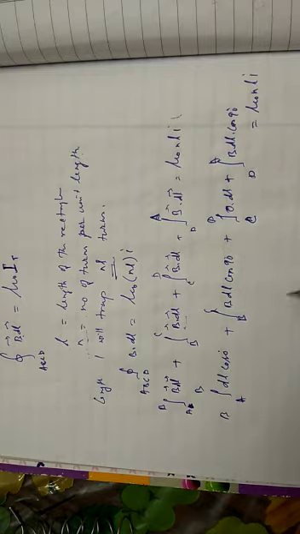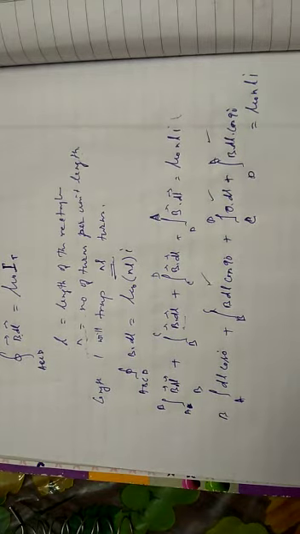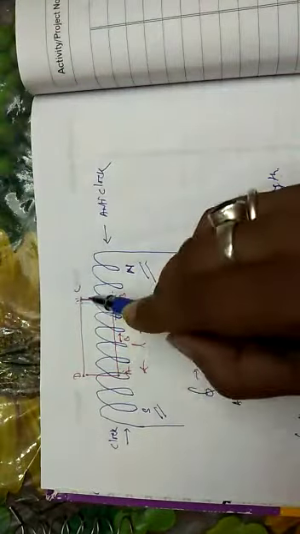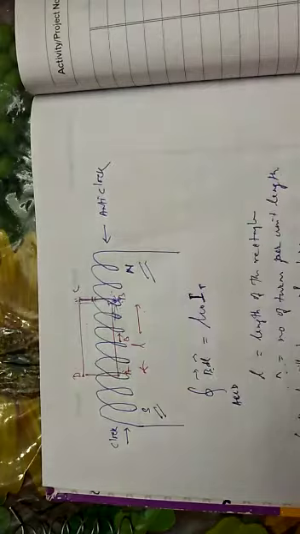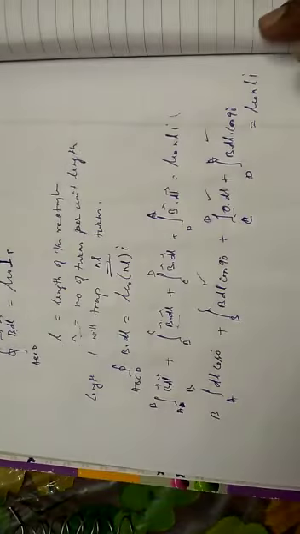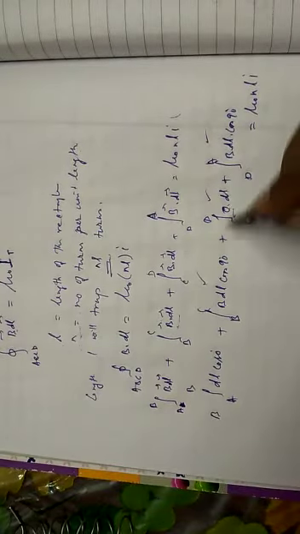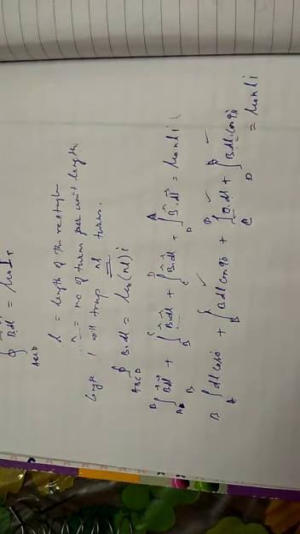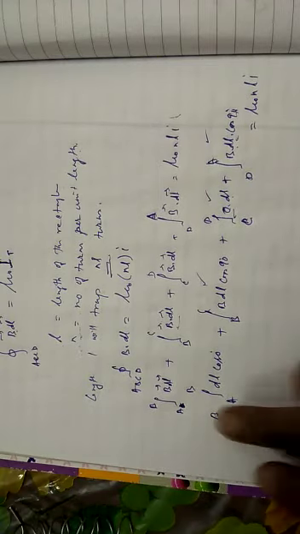So you see that these three terms are 0. This is 0 due to cos 90 degree. This is 0 because CD is just outside the solenoid, and just outside the solenoid the magnetic field is 0. Remember it. So the integration will be 0, and here again cos 90 degree, so it is 0. So only one term is left, and here B is constant.